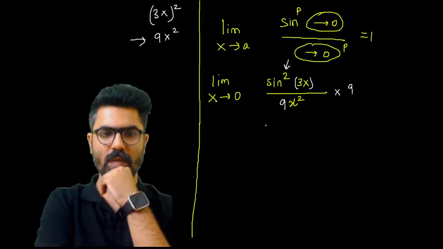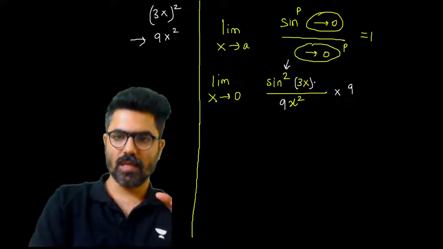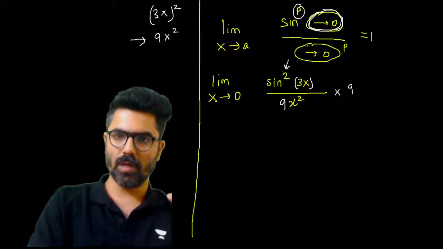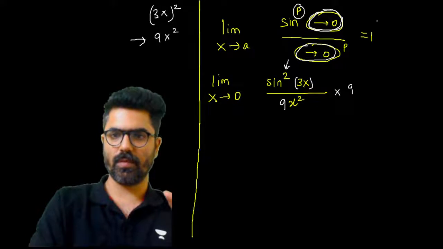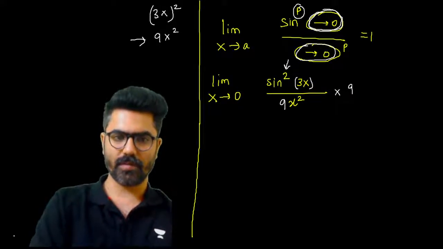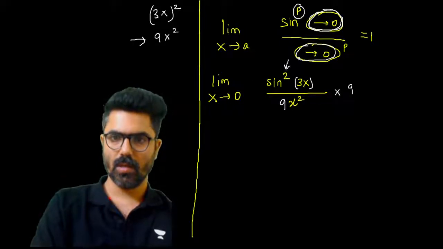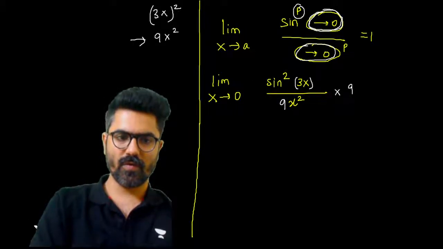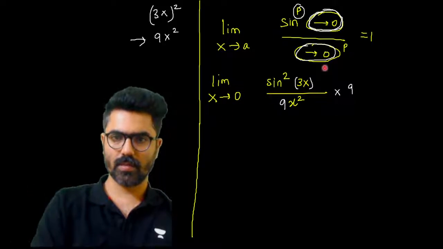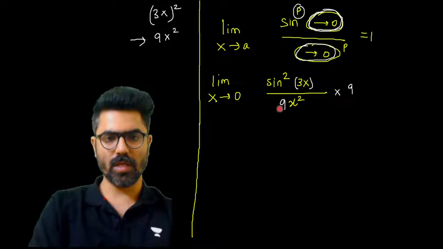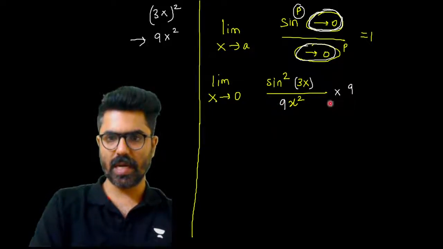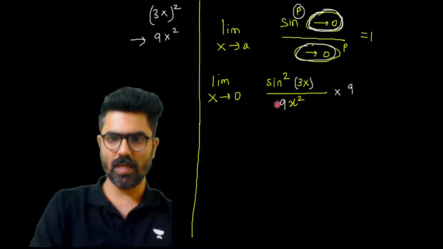Again, try to understand what I'm saying. The square of this 3x should be in the denominator. Whatever is written here, its power will be in the denominator. Then the answer is 1. So now that we have created the power 2 of 3x in the denominator, previously 9 was not there, so I have multiplied 9 and divided 9.